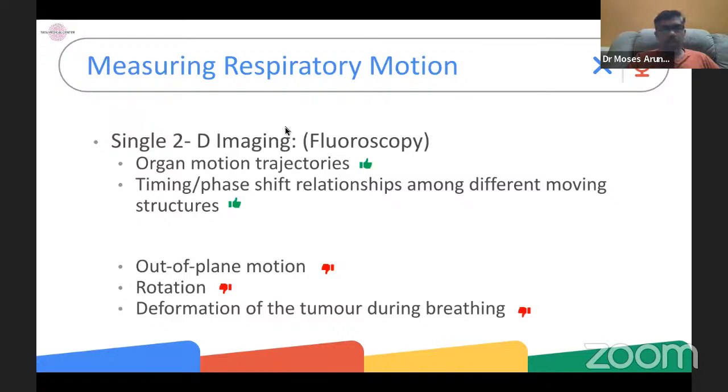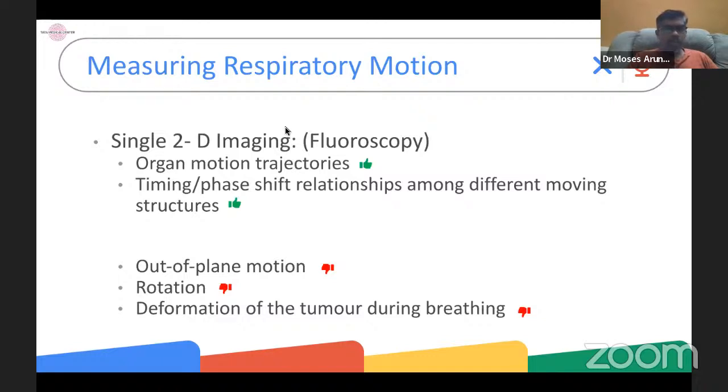So you can get an estimate using fluoroscopy. If you get it only in a single angle, in a single plane, then you get a good estimate of the trajectory of the organ motion or the tumor motion. And also you get an estimate of the relationship in the motion of the tumor itself with the related structures that are nearby.